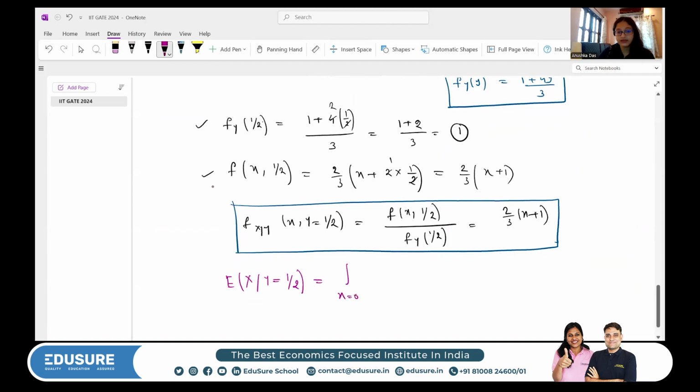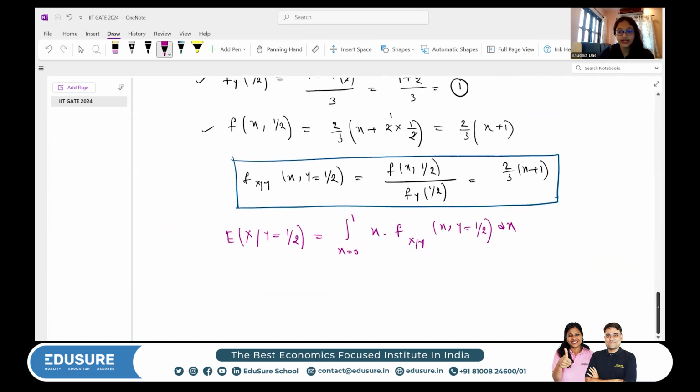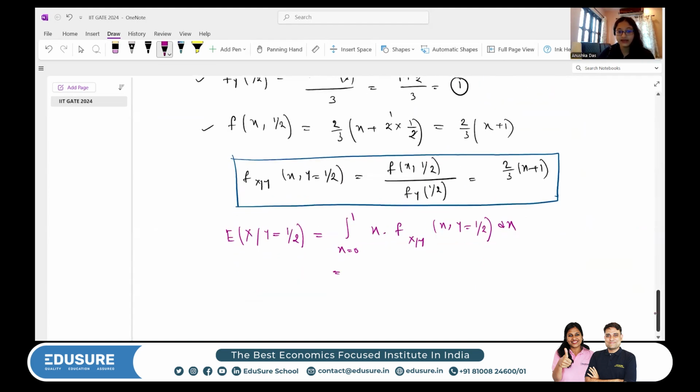This will be the range of x into simply this conditional distribution dx. So now you have to calculate this expression, and that will give you your expected value. So x is from 0 to 1, x into this expression, 2/3 x plus 1 dx.